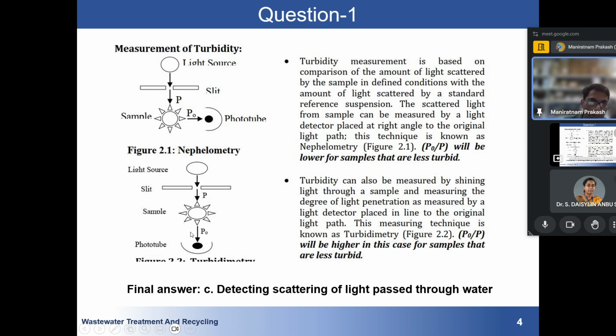But if someone asks in how many ways we can measure turbidity, you can always mention there are two methods: nephelometry, where the detector is placed at a 90 degree angle to the light path, and one in the line of the light path. So turbidity is detecting the scattering of light passed through the water.